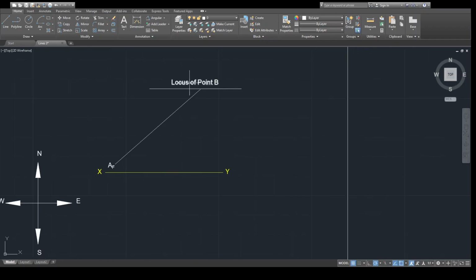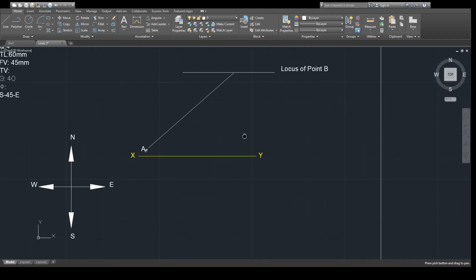So this is the locus of point B. Let us show the dimensions. This is the angular dimension, 40 degrees. Then the aligned dimension, 60 mm. Okay. Now what is next?